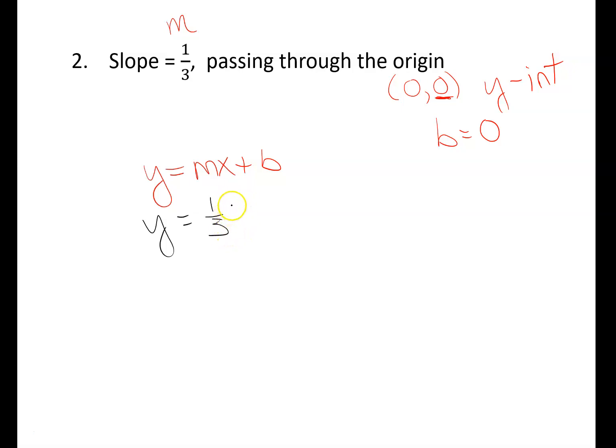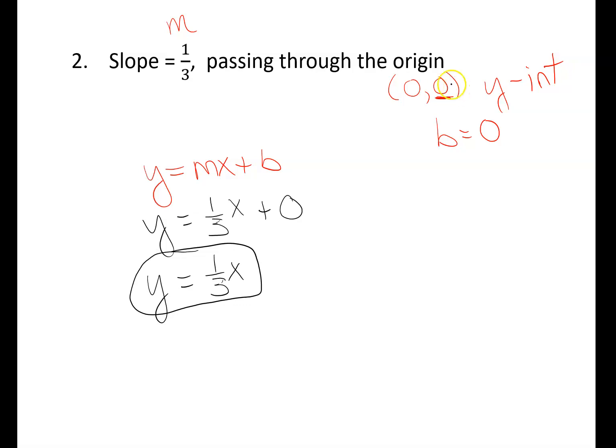You can put it in the middle or even closer to the top, but do not put the x next to the 3. Then it will look like it's in the denominator. Plus b is 0. Now we can simplify that because 1/3 x plus 0 is just 1/3 x. And there's our equation in slope-intercept form.